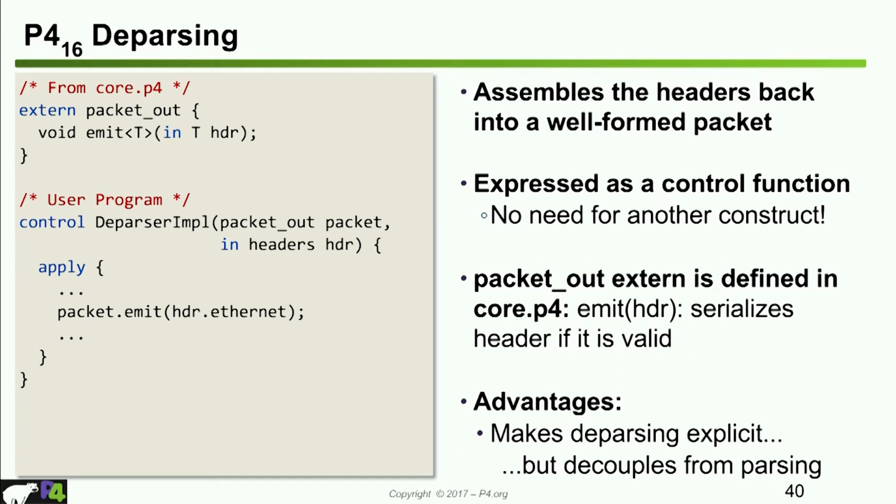And it'll only insert that header into the packet if it is valid. Remember, I said headers have an implicit validity bit associated with them. As the packet is parsed, the parser will set a header's validity bit. But you can also explicitly unset the header's validity bit within your P4 program if you'd like as well.